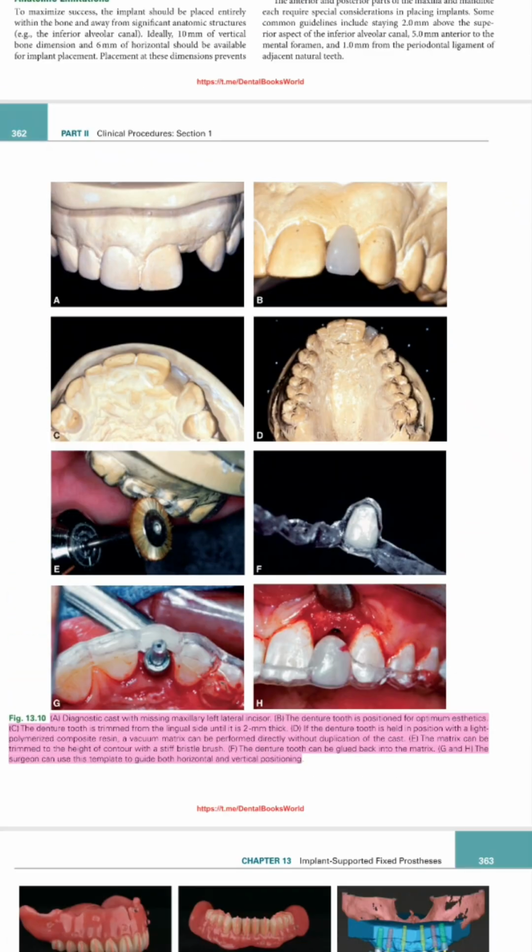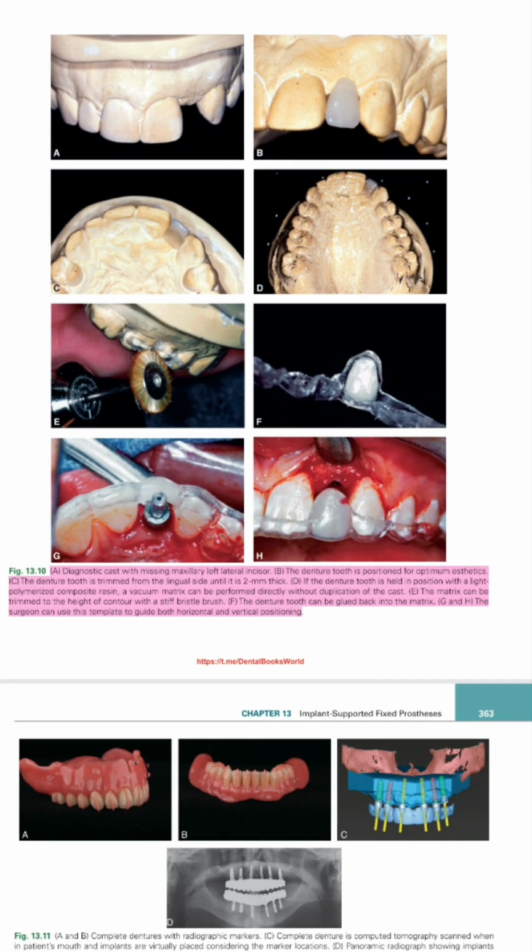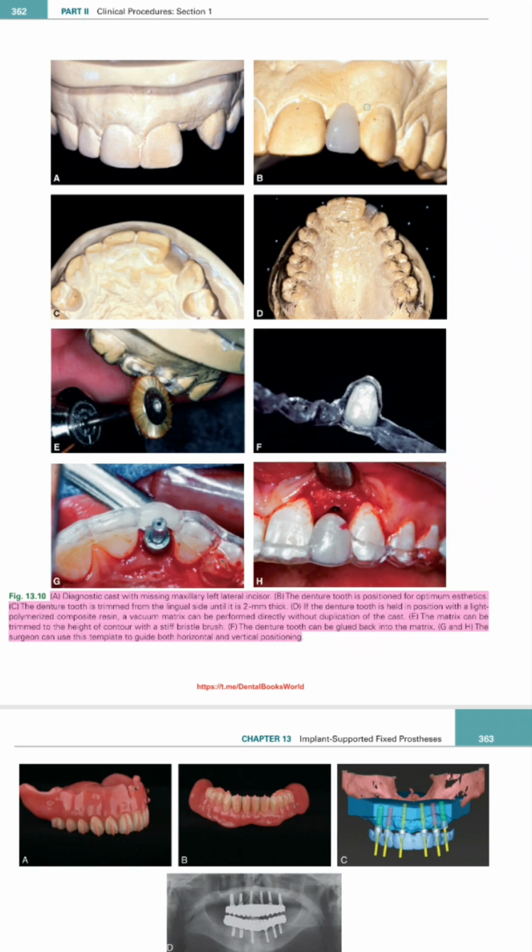Here is another way of making a diagnostic surgical guide. Here we have a missing lateral incisor. We placed a denture tooth that was trimmed from the lingual side until it was only 2 millimeters thick. Then it was held in place using a light cure composite resin.